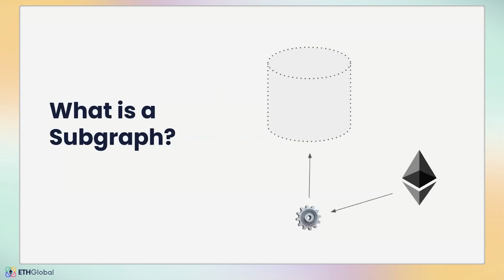So, quick into the subgraphs. I told you before about subgraphs. Subgraphs in general are just a database. A database is the same as you saw before in these Google slides, just multiple of them. So a database consists of multiple tables, and you can define the tables as you wish. And then you have the mappings, which is this gear here. That's the logic of how to get data out of the blockchain into that database.